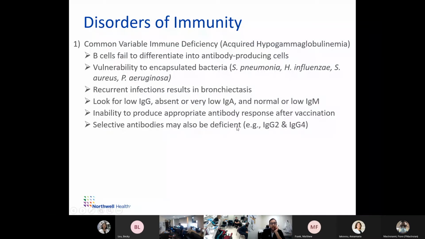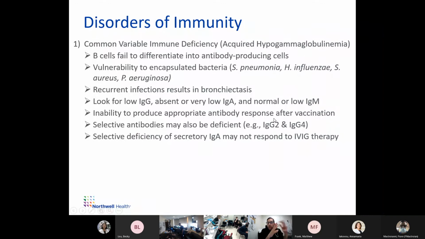Note that you may have selective antibodies that may be deficient, for example, IgG2 and IgG4. And although the hallmark of therapy is going to be IVIG, there's a subset of patients with CVID who may have, for example, a selective deficiency of secretory IgA that may not respond to IVIG therapy.